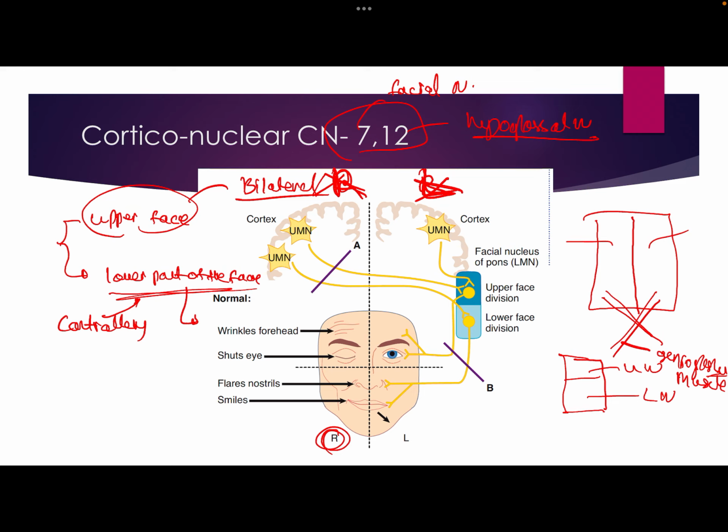So let's imagine our hypoglossal nuclei, which give fibers, and this is the corticonuclear tract. This goes here, this goes here.